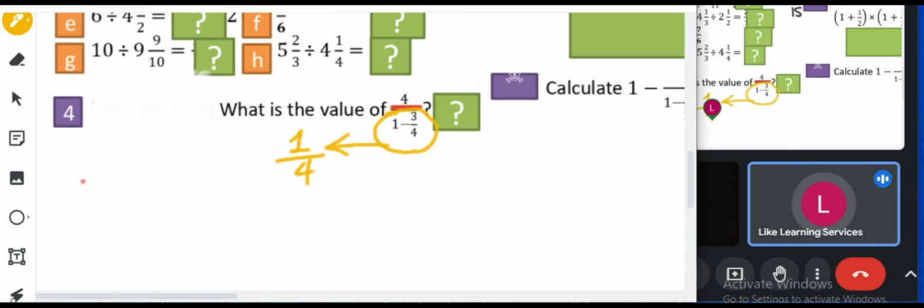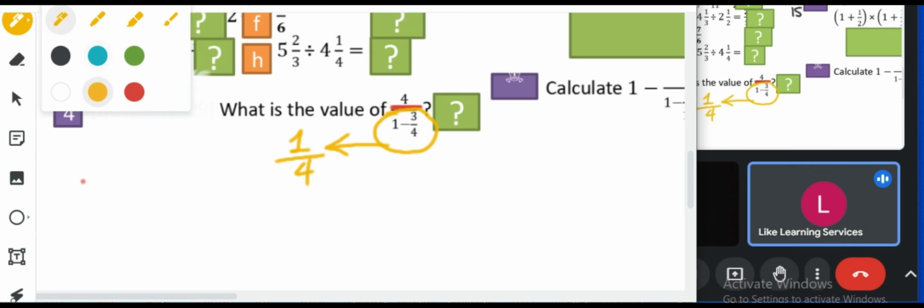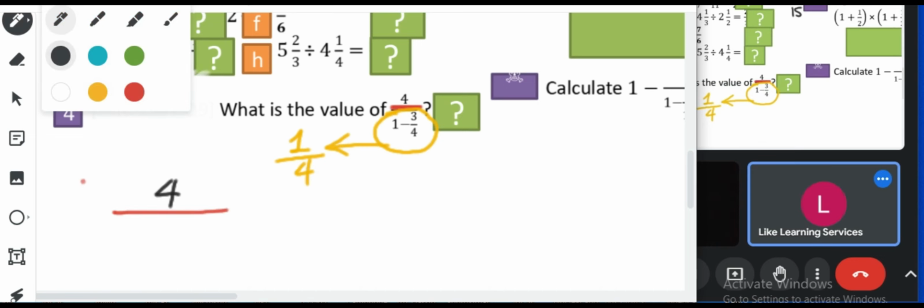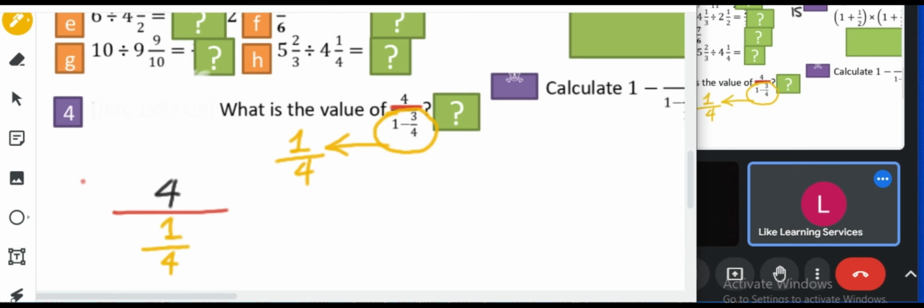So this thing simply means 4 divided by that, a quarter. Did you get what I wrote? What I just did? That's what it means now, isn't it? Because the whole denominator is a quarter.